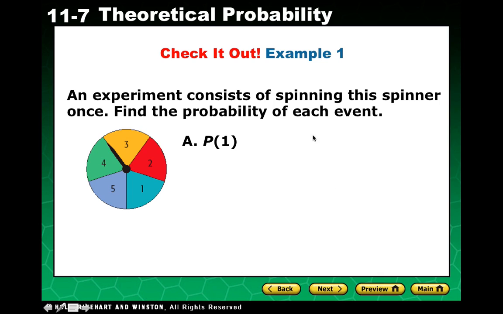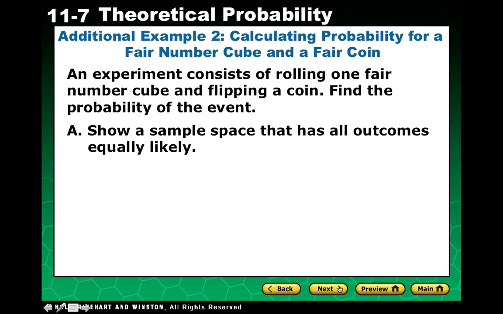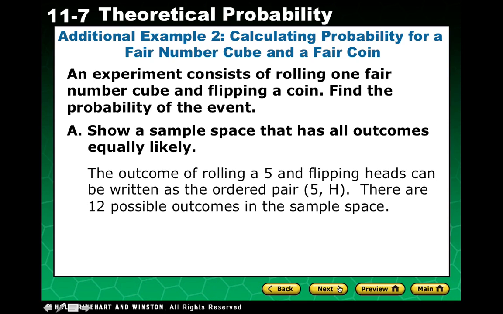Okay, we'll go ahead and skip this one. An experiment consists of rolling one fair number cube and flipping a coin. Find the probability of the event. Show a sample space that has all outcomes equally likely.